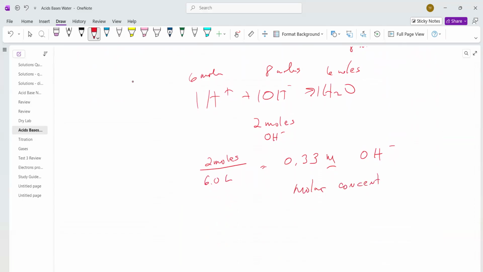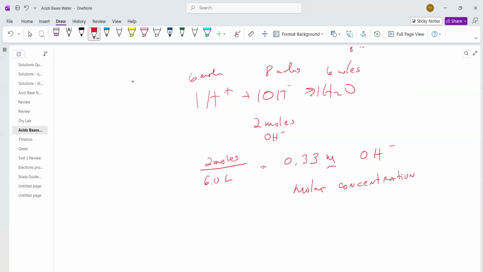We know that it's alkaline because there's more of one. More OHs. Yep, that's why you know it's alkaline. Basic and alkaline are the same thing, as acidic means you have more H's.